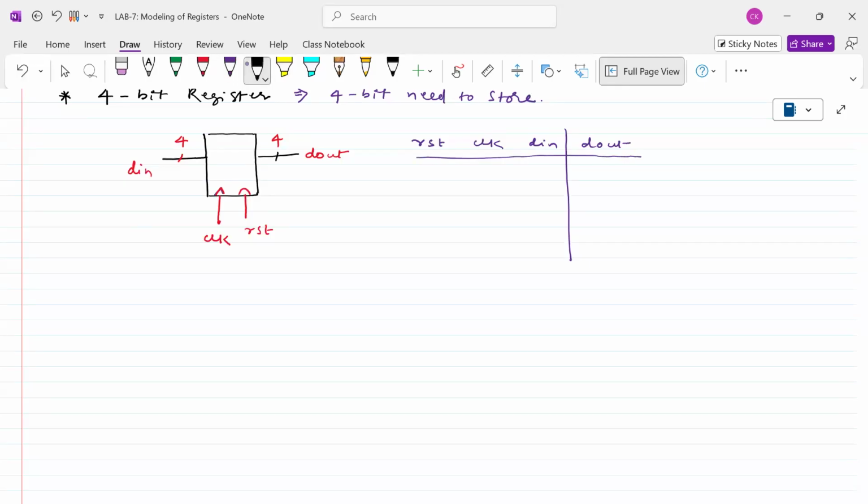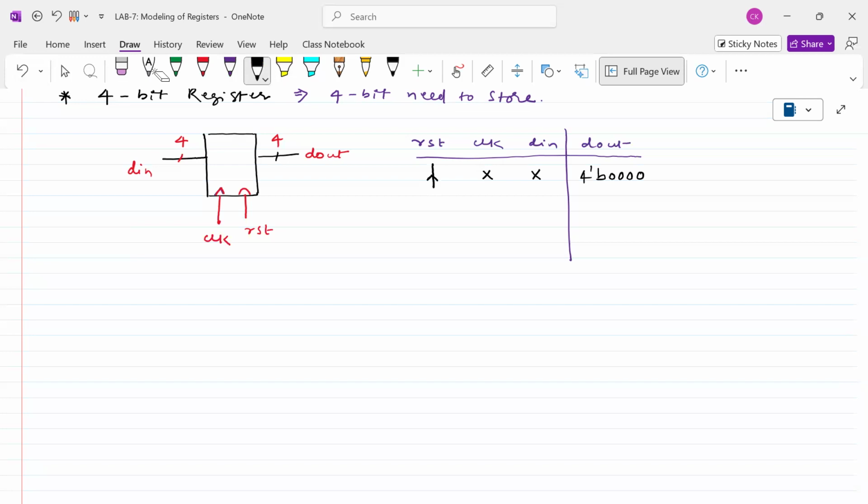If the reset is available, irrespective of the clock signal, whenever you see the positive edge of the reset signal, the clock is irrelevant and D in is also irrelevant. The output is, so sorry, it must be 0. What is this 0? 4 bits of 0.